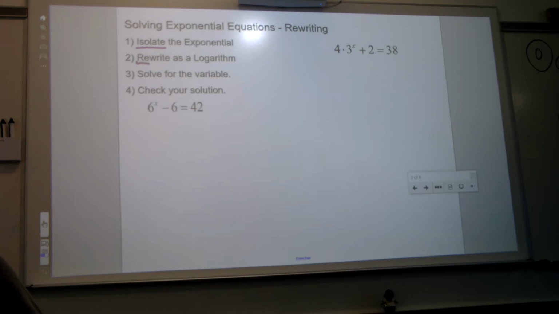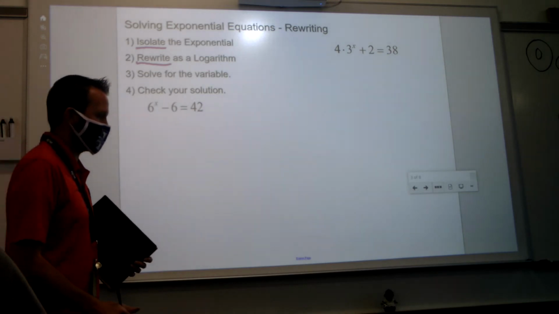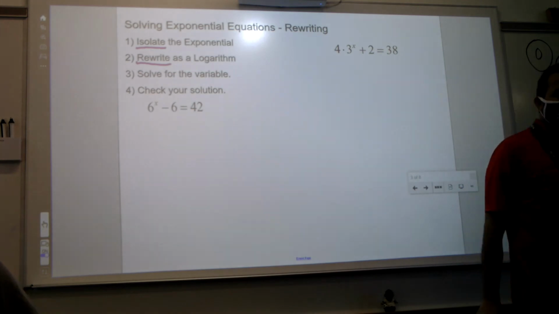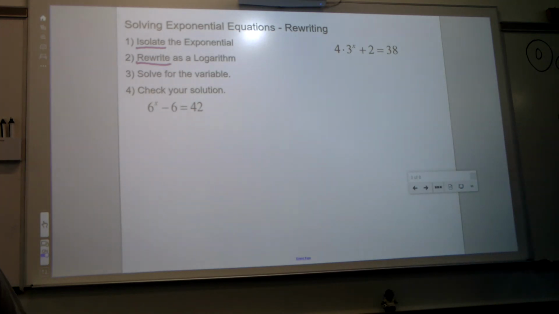So remember when we did the intro to logs and exponentials, we practiced going back and forth, we're going to use that here. Isaac, what is step 3? Solve for the variable. Just use some easy algebra and solve, and then Caleb, what is 4? Check. Okay, check your solution. How do we check it? Just like what we did, you're going to plug it in and see if you get a true statement.